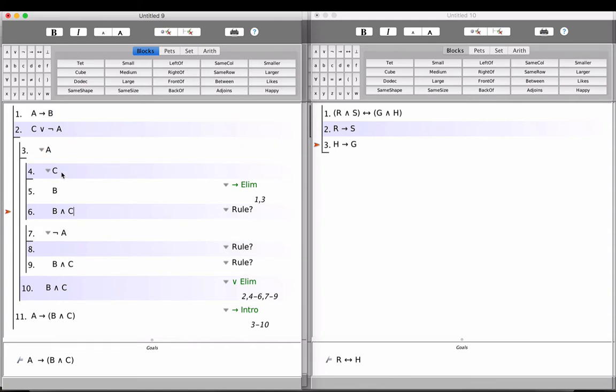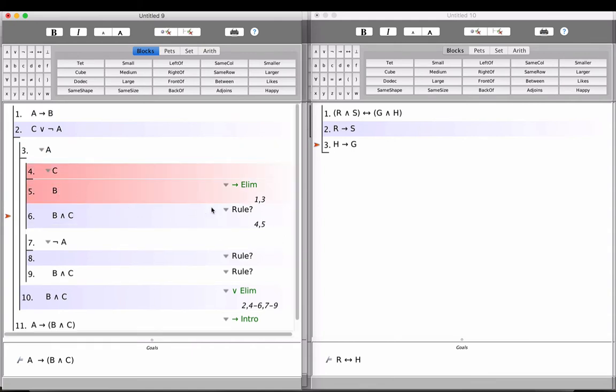Then at line 6, I conjoin 4 and 5. I introduce or assemble the conjunction. So I've now got one side of my disjunction elimination from line 2.